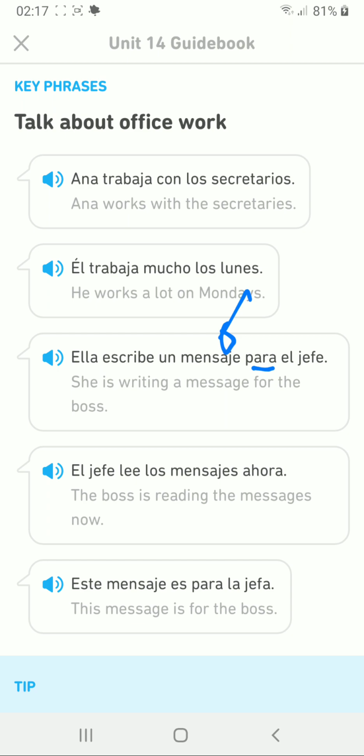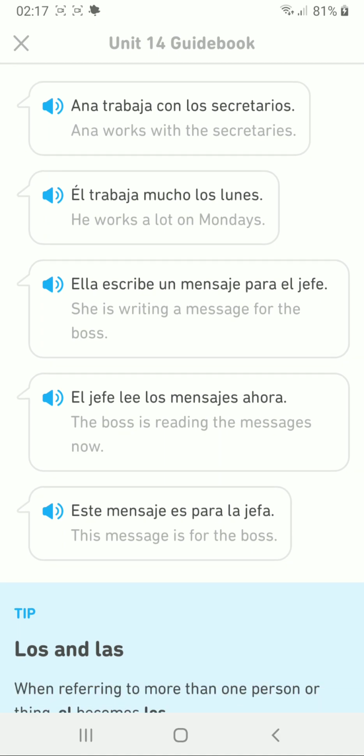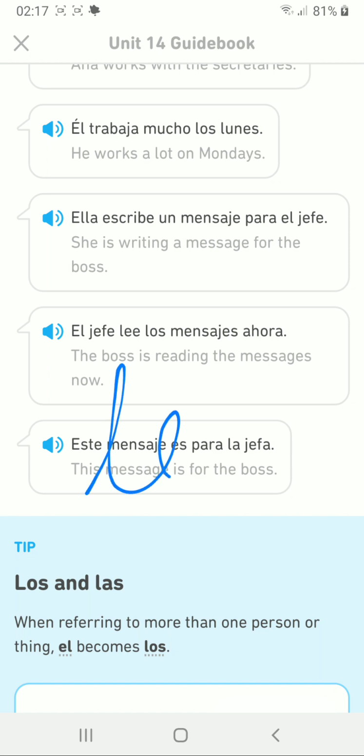And el jefe is the boss. El jefe leer, it's the verb to read. Let me write it. Leer. So el jefe lee. Yo leo. Tú lees. And then ella lee los mensajes.